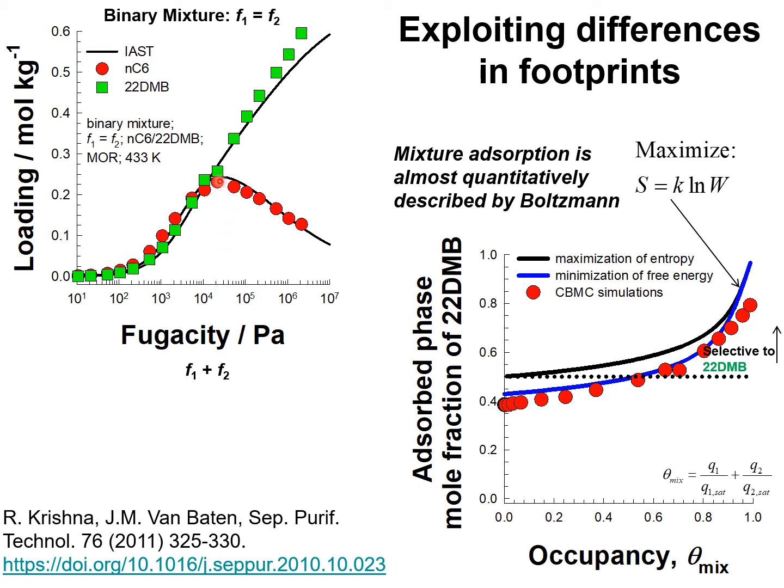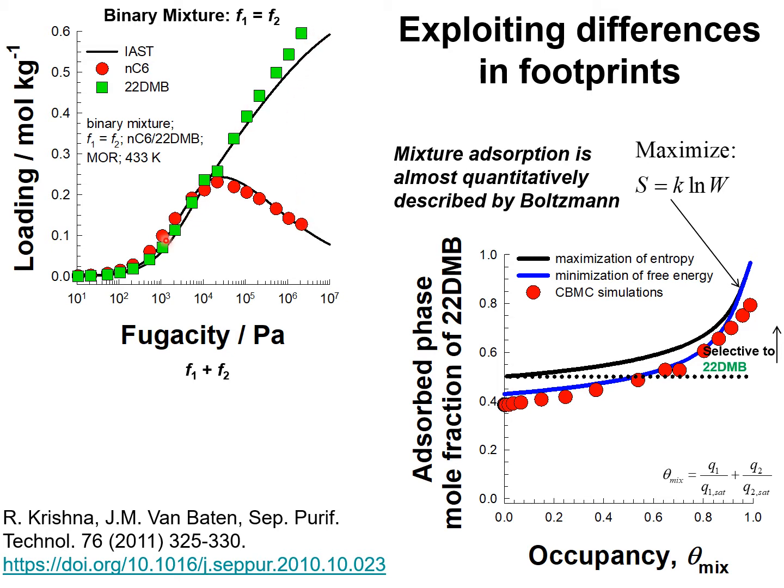But as the occupancy within the 1D channels of mordenite increases, the adsorption becomes increasingly in favor of the di-branched isomer at the expense of normal hexane that has a longer footprint and a lower packing efficiency within the 1D channels.